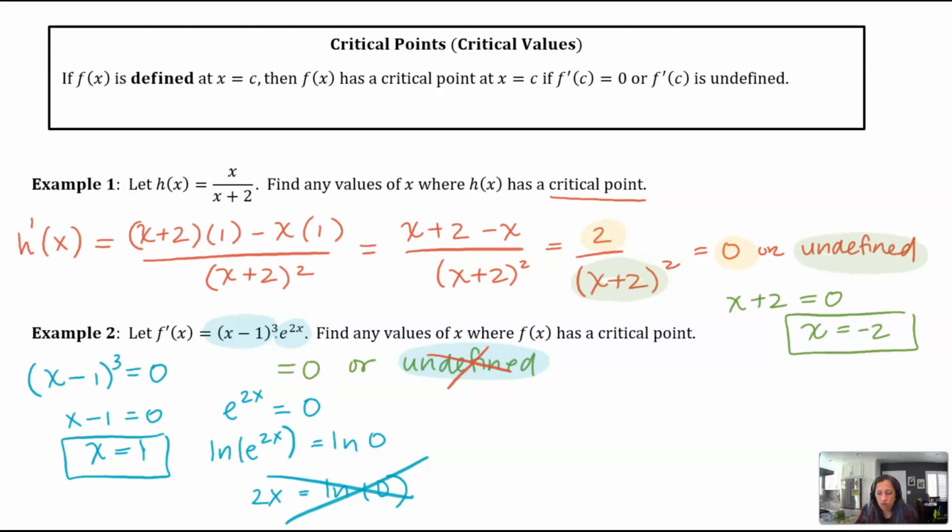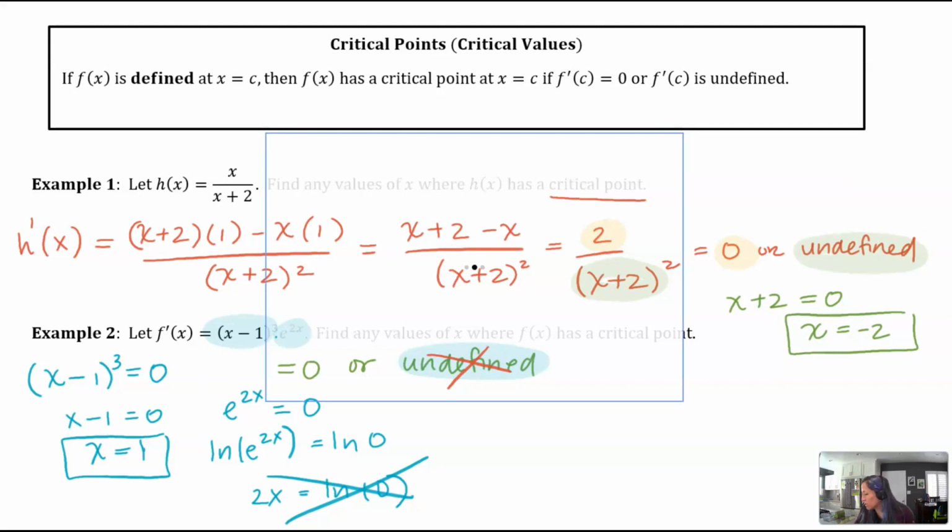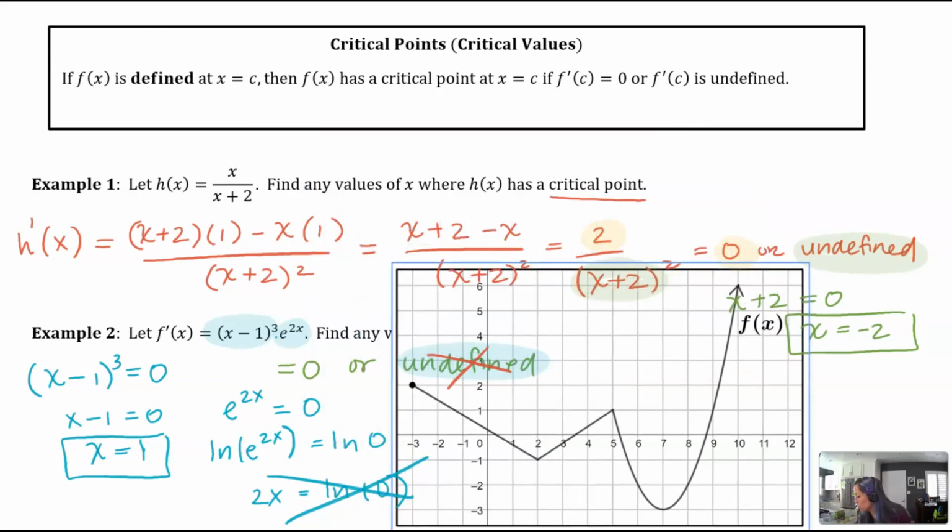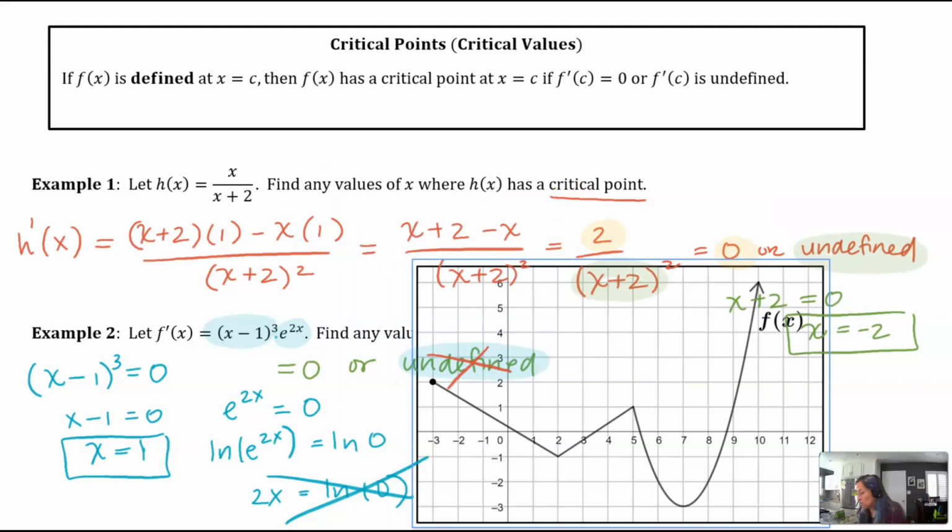And so what we're solving when we solve these questions is, in terms of our critical points, we're trying to figure out all of these values where we could possibly be changing from increasing to decreasing, right? Undefined is something like those two corners. Those are not smooth, so they wouldn't be differentiable.